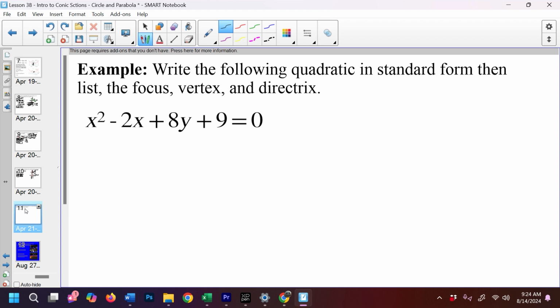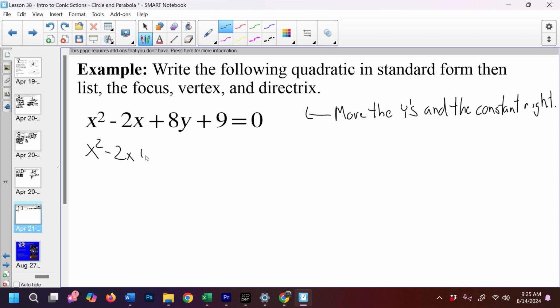So to complete the square for this one, I am going to move the y's and the constant to the right. And so we'll have x squared minus 2x, and then plus, we'll leave a little space to complete the square.